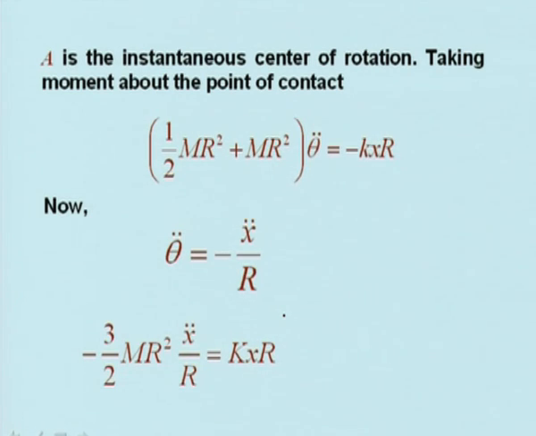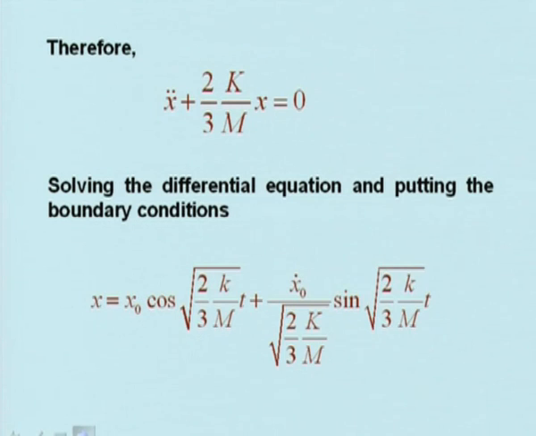Now theta double dot is equal to minus x double dot by r, as it is pure rolling motion. In pure rolling motion, the angular acceleration and the linear acceleration of the center are related. So minus 3 by 2 m r square x double dot by r is equal to kx times r. Therefore, x double dot plus 2 by 3 k by m x equal to 0. So we get the same type of differential equation.